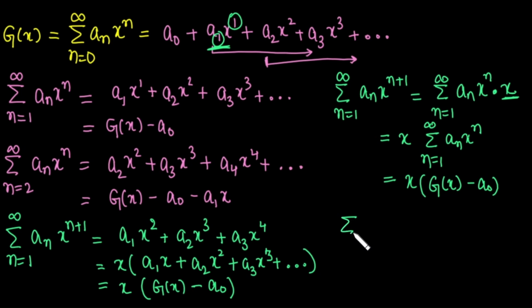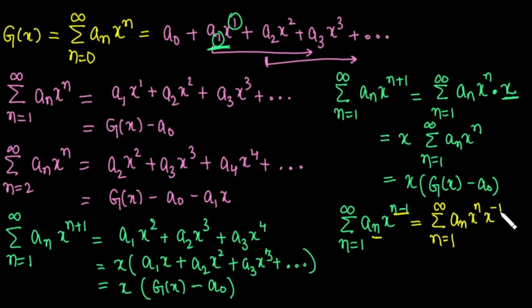Now what is the value of summation n from 1 to infinity a_n x raised to power n minus 1? Again, the index and the power are not the same. So firstly we will create the index and power the same. So here index is n, create this as a_n here. So we can write in this case summation n from 1 to infinity a_n x raised to power n times x raised to power minus 1.